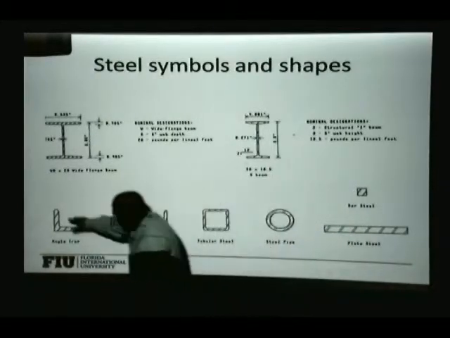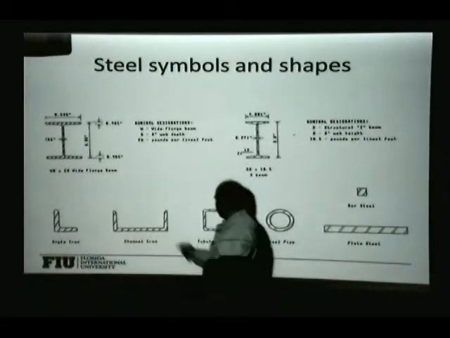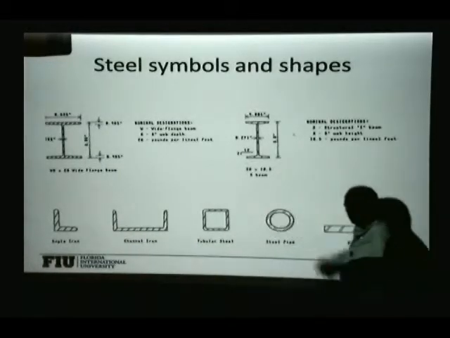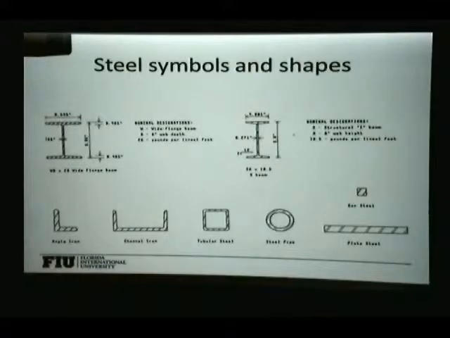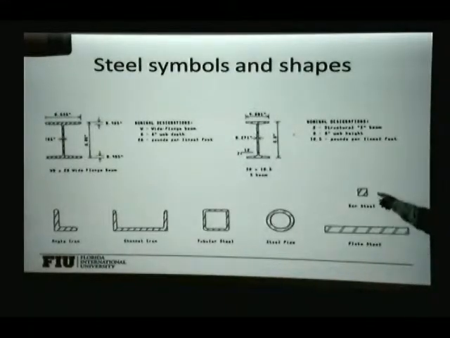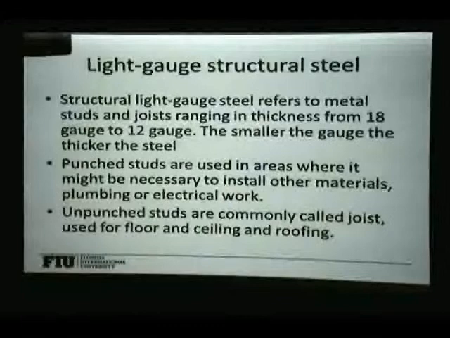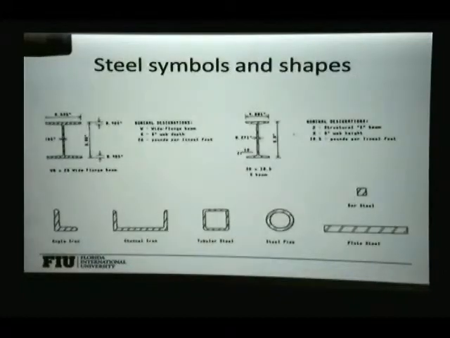The angle type looks like an L. The C channel, the tubular steel pipe, and then the circular pipe. The plates could be rectangular or could be square. It depends on the application. So it's a different type of formats. That's the structural steel.